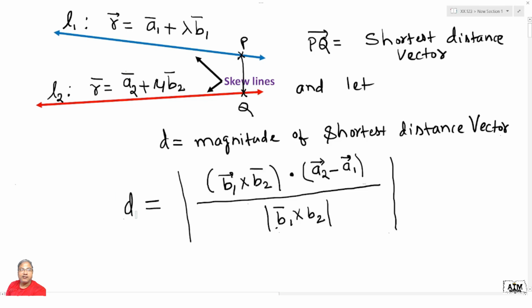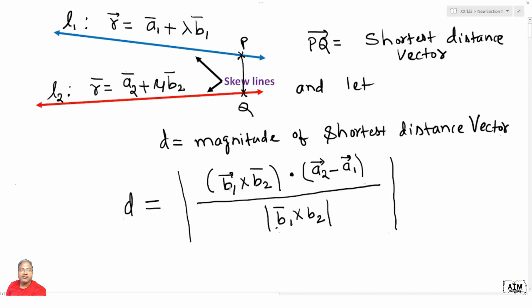So, the magnitude of shortest distance equals the modulus of the cross product of B1 and B2 in the numerator, and the magnitude of the cross product in the denominator. We also find the difference of vector A2 and vector A1.